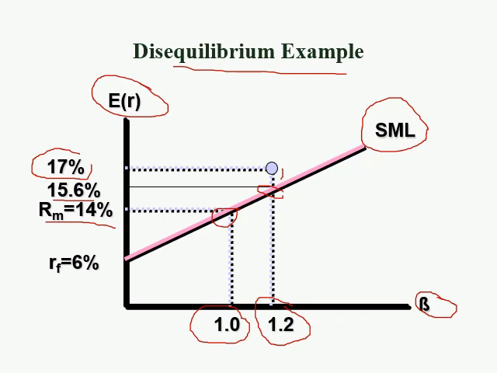And this stock is an underpriced stock. If the actual return of this stock is under the SML, alpha will be negative, and this stock will be an overpriced security.